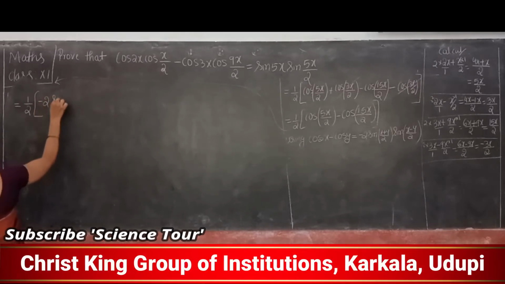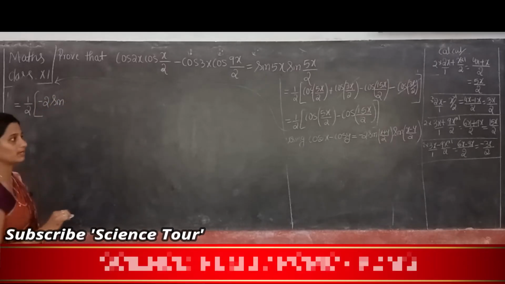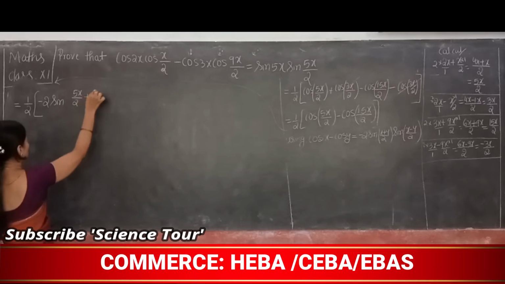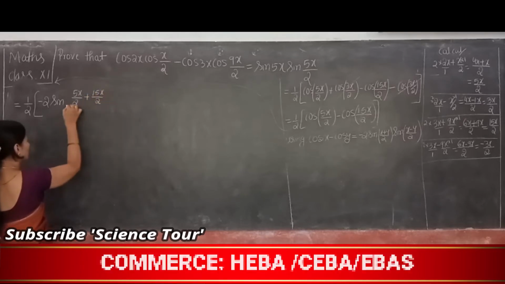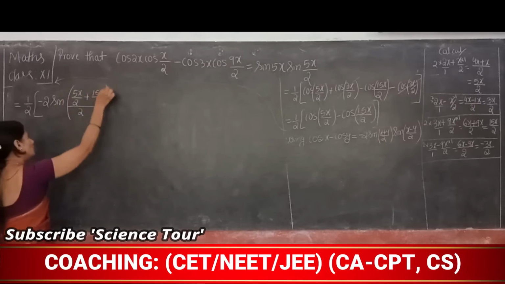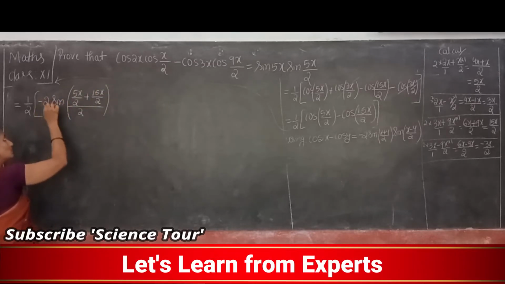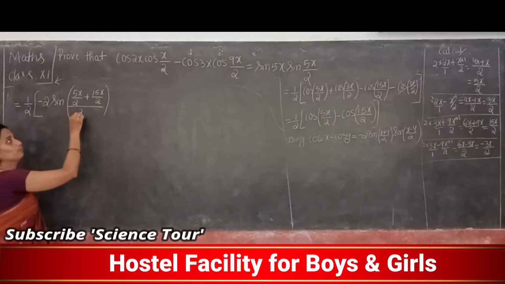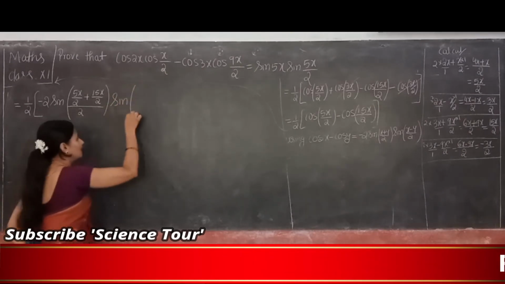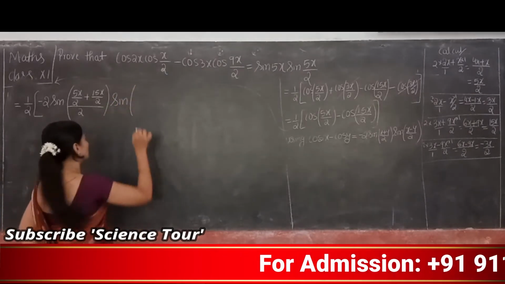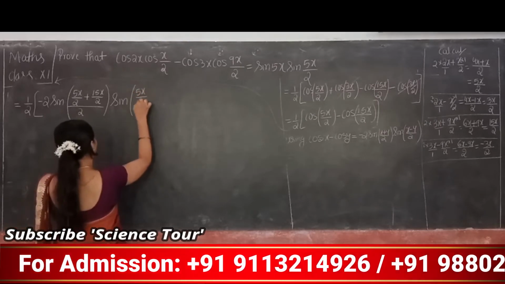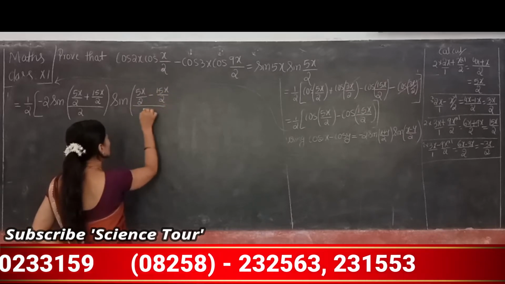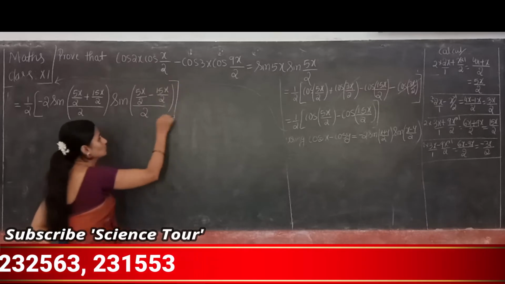minus 2 sin of x plus y. What is our x? 5x divided by 2 plus y, 15x divided by 2, whole divided by 2. Into sin of x minus y, where x is 5x divided by 2 minus 15x divided by 2, whole divided by 2, and close this bracket.